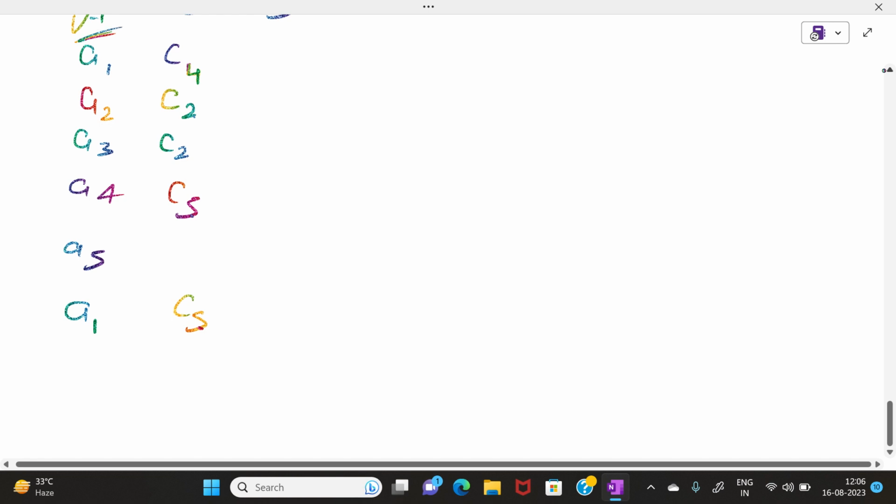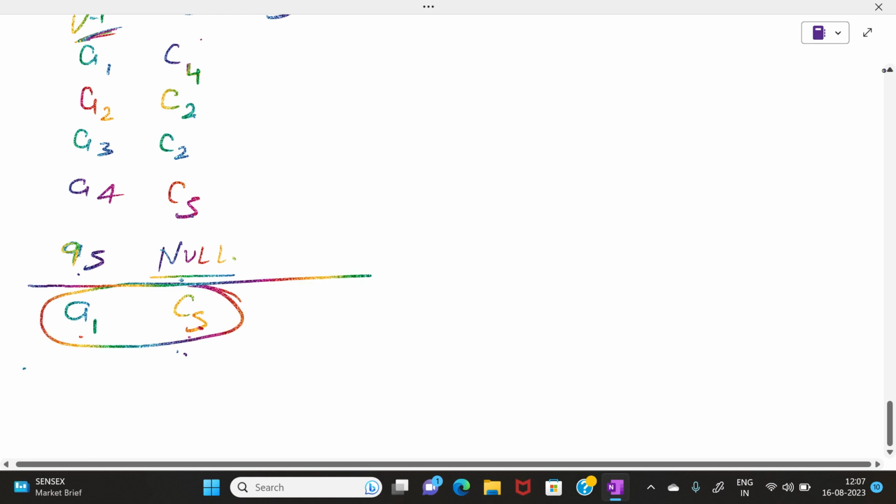So A1 won't be the candidate key of this, and again AC needs to be the candidate key. Here we have the null value because A5 is not combined with anything. We need to show this, right? And this is one entity. If we complete this table, this will be missing.